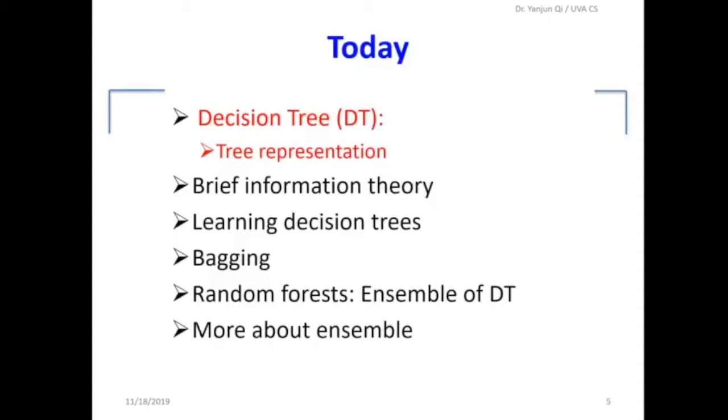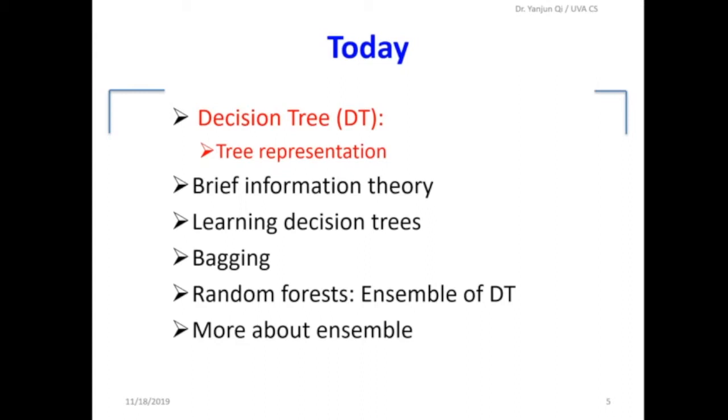All right, so this is the roadmap we're going to cover about decision trees. First, we're going to talk about what we mean by a tree representation, and then we are going to have a pretty quick review of information theory and how to use information-theory-grounded measures to learn decision trees from data.